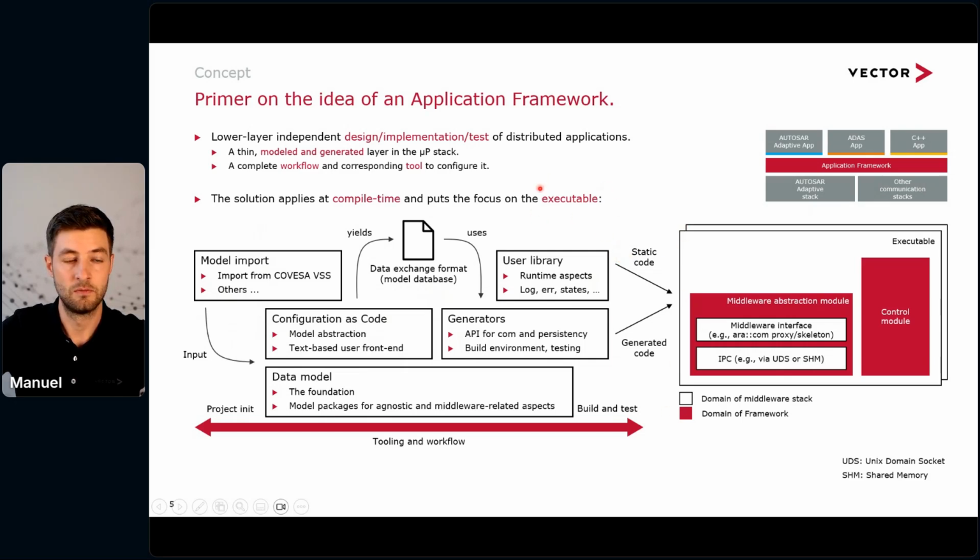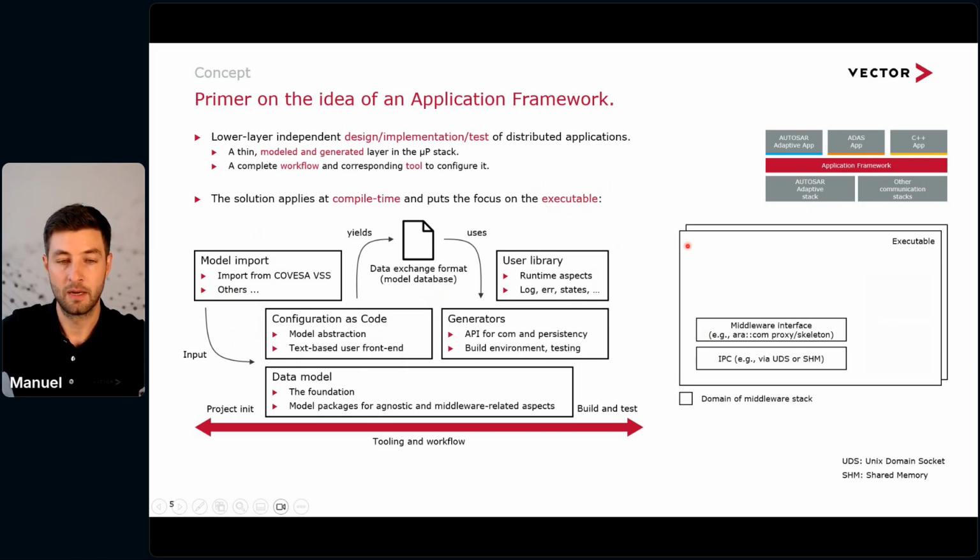That's why I wrote here the focus is put on the executable. So maybe one step back, we see that's state of the art developing for HPC. You have the middleware interface and below some transport, IPC based in most cases.